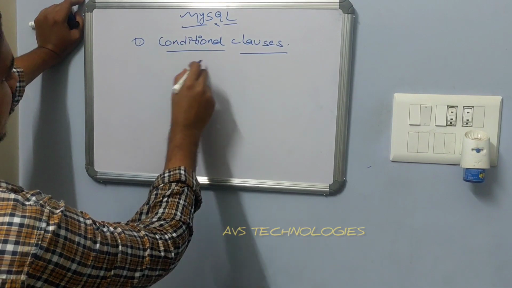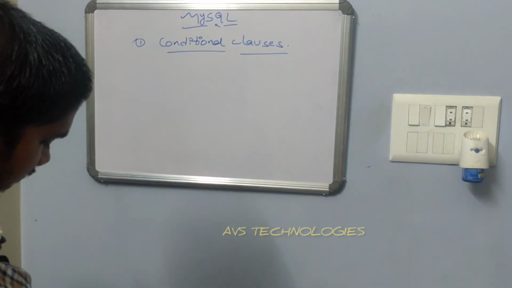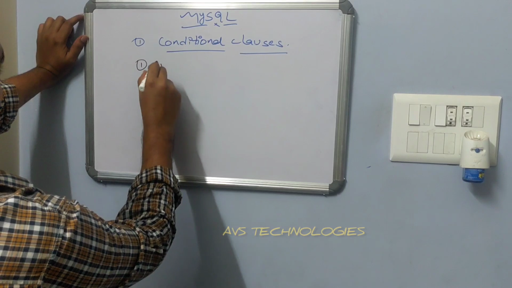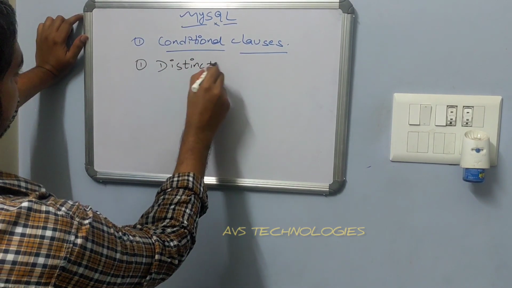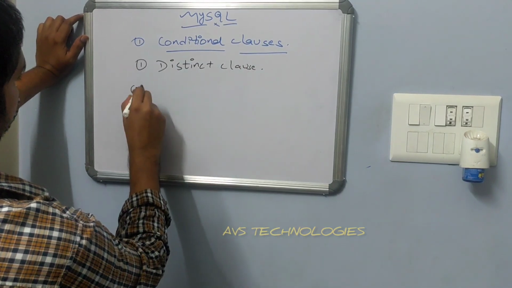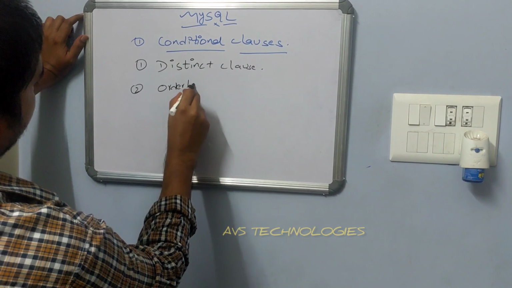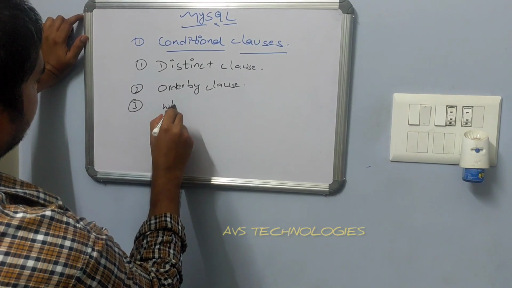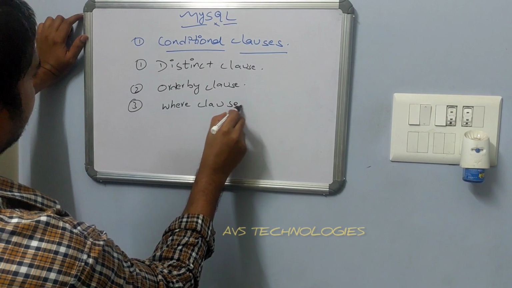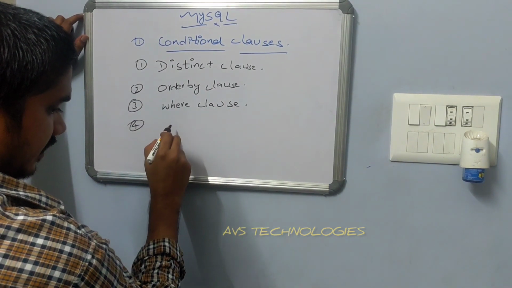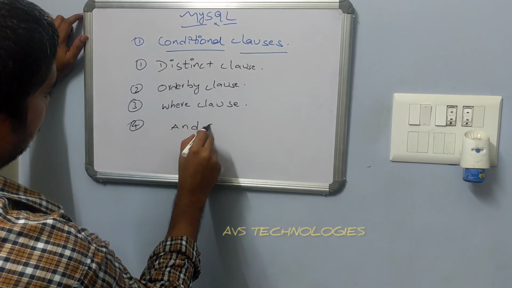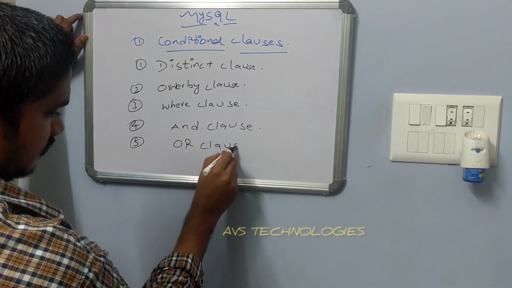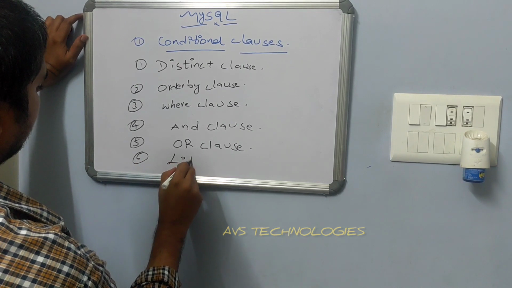In these conditional clauses, the first one is the distinct clause, second one is the order by clause, third one is the where clause, fourth one is the and clause, fifth one is the or clause, and last one is the like clause.